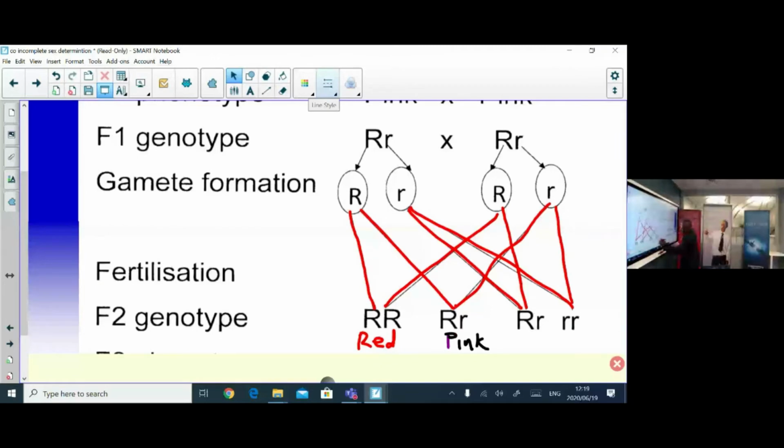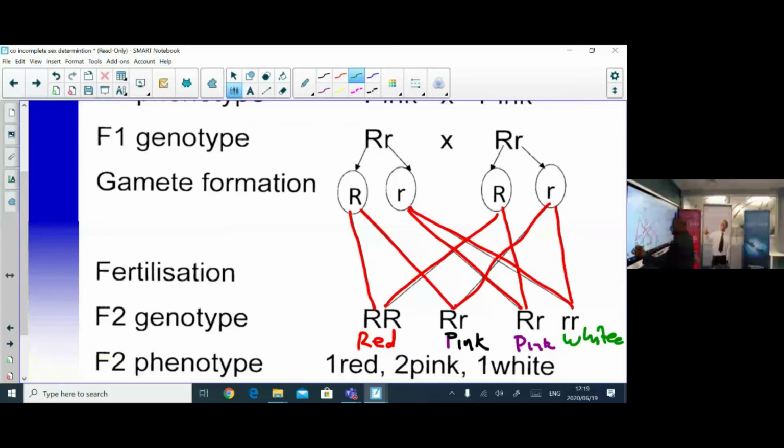Next one, pink. What about the last one? It will be white. Right. One red, two pink, one white.